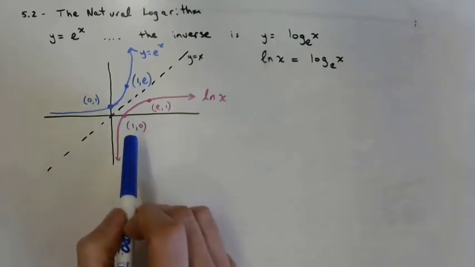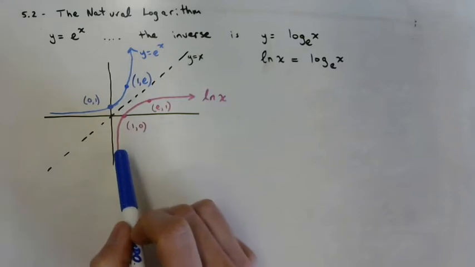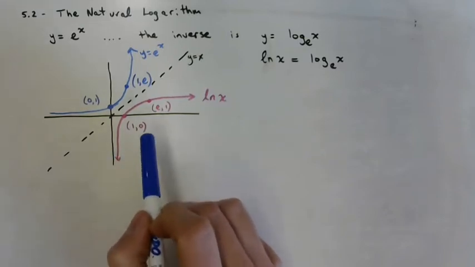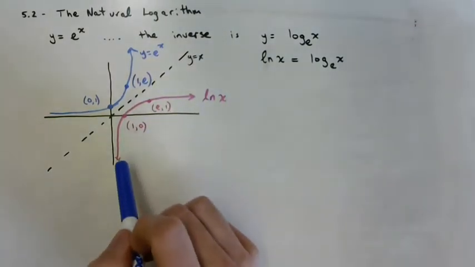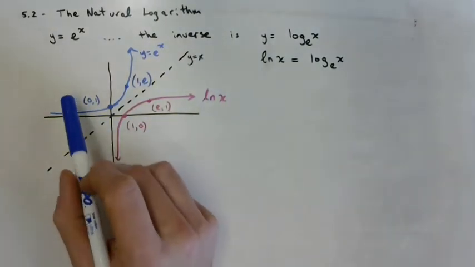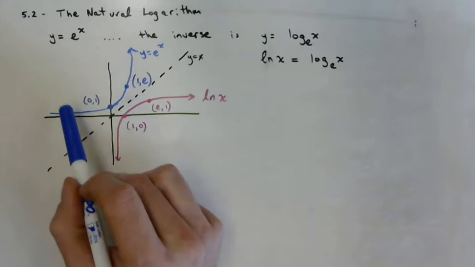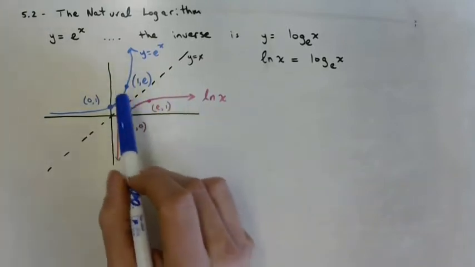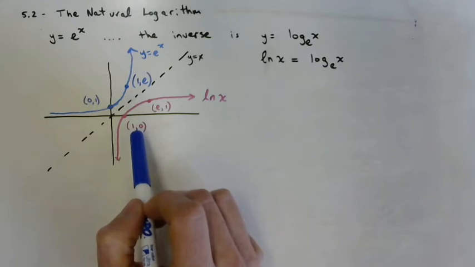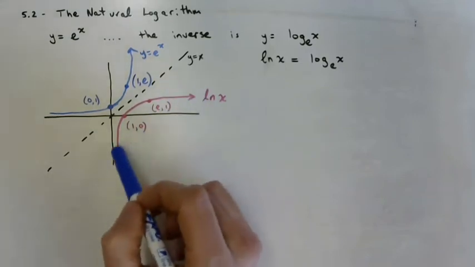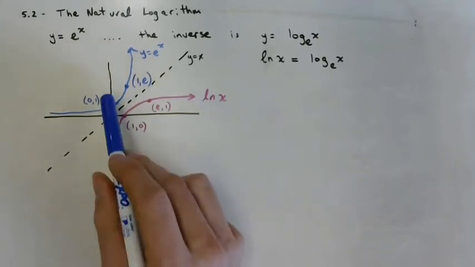Other key characteristics of the natural log of x are very similar to the log of x with any other base. The domain and range from the exponential graph and the logarithmic graph are flipped. And our pink graph here, the natural log of x, has no y-intercept.